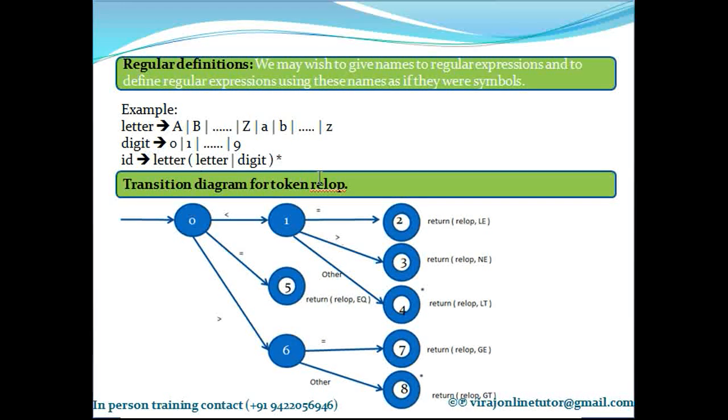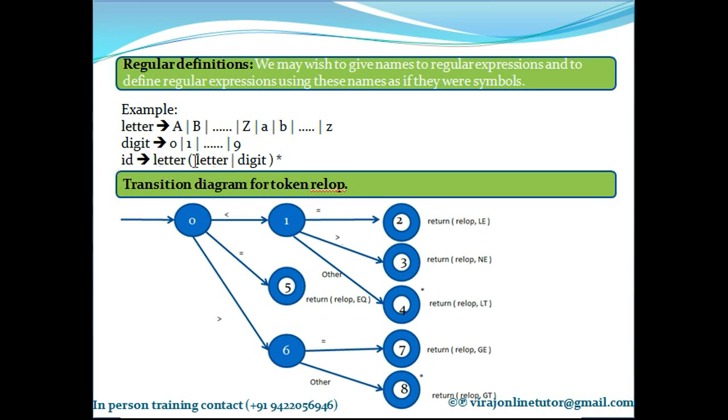So what's the final language you get from this regular expression? If I repeat this 0 times, there is nothing here, so it will be just letter. If I repeat this once, it can be a letter or a digit, and you can keep on repeating 0 or more times. So the final language is letter followed by letter or digits.